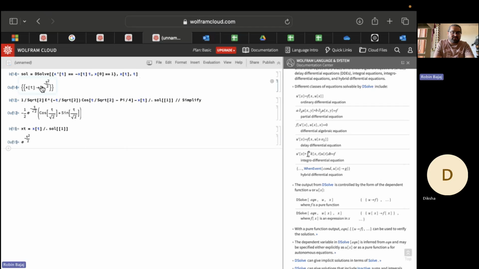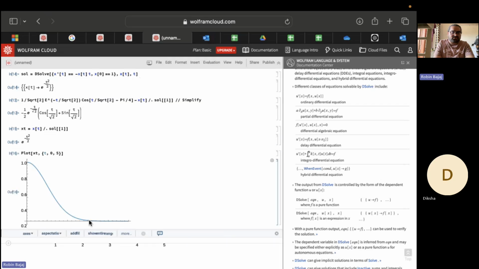So I have extracted the solution out of this association, and now I'll plot xt, with the scale from 0 to 5. That's what this problem says. You can add all those labels, but let's not do that as of now. So this is the solution.